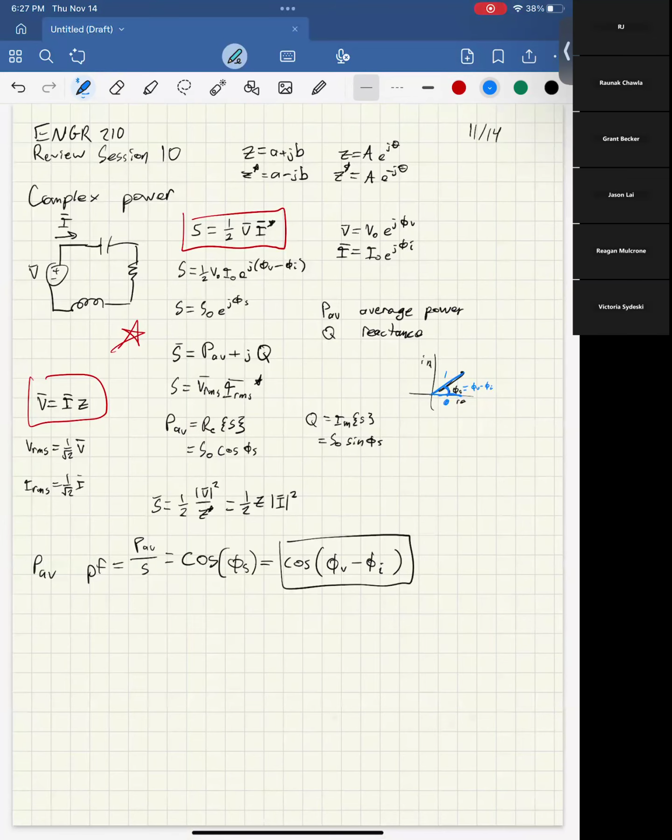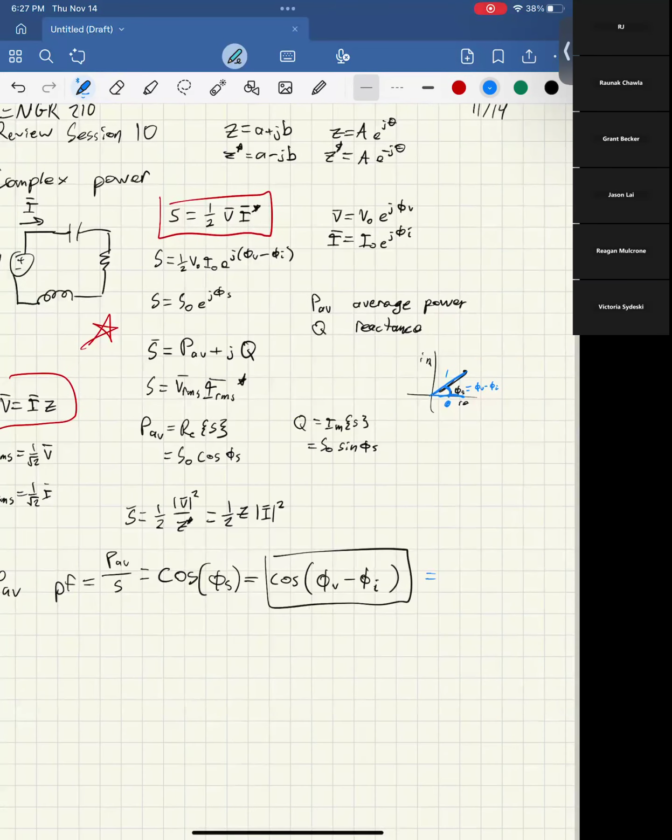So the power factor would be a number between 0 and 1. Actually, it can only be between 0 and 1.